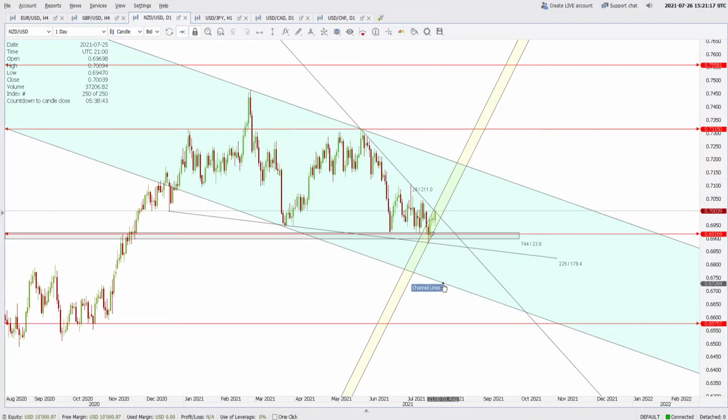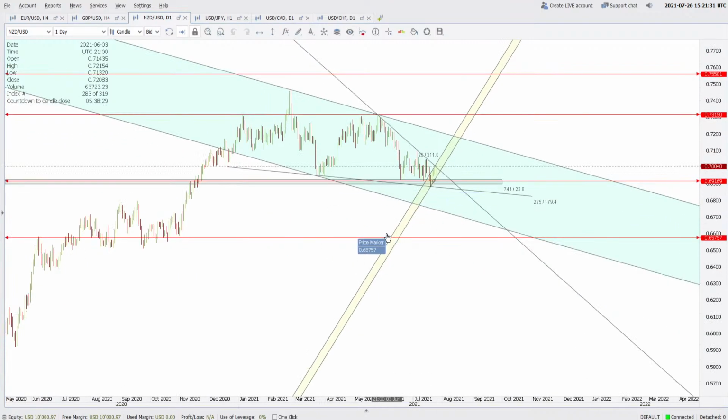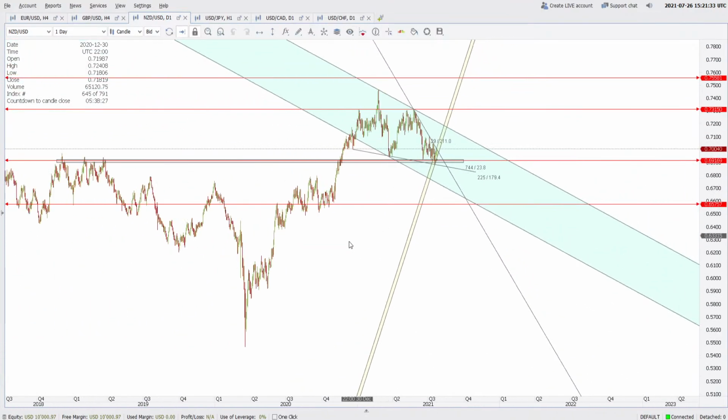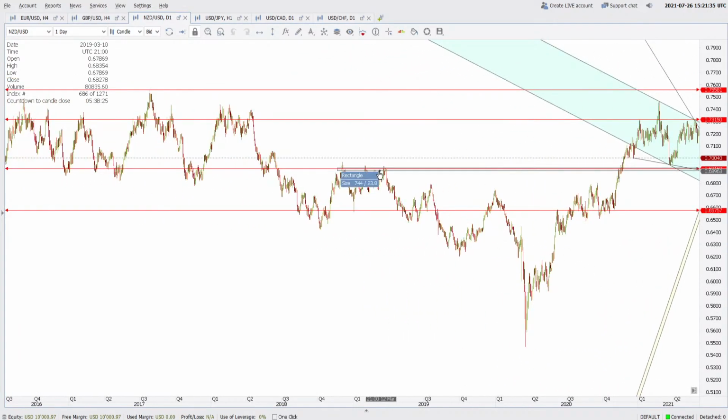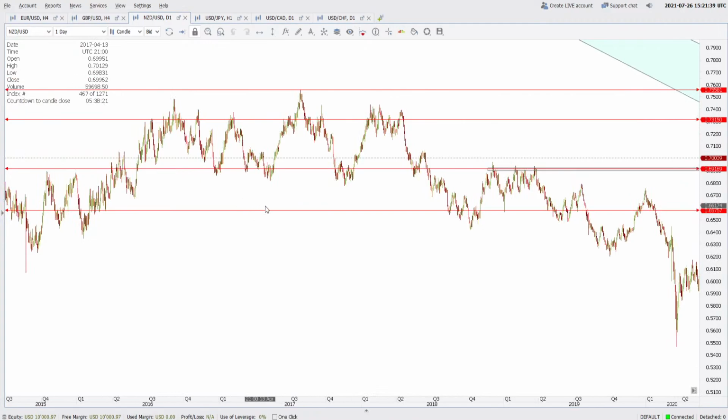So there is a very high possibility that this market gets a sell off here and breaks to the 0.6575 level. But on the contrary, the 0.6916 level is a very strong support because it was a very strong resistance here and was a strong support here.